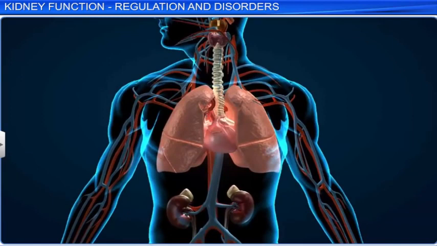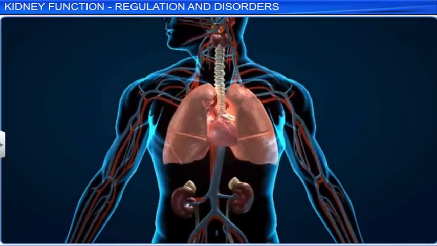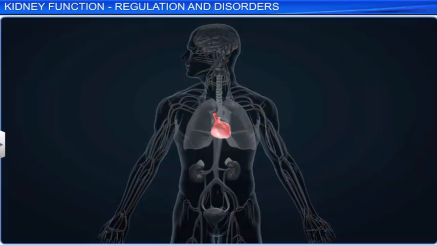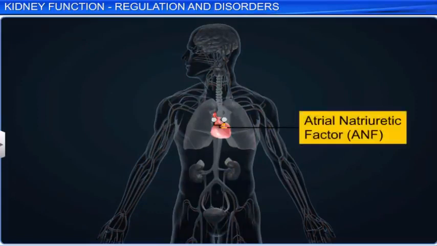Apart from the hypothalamus and JGA, the heart also regulates the functioning of the kidneys to a certain extent. The muscles of the heart release atrial natriuretic factor, or ANF, when the blood pressure in the atria increases.